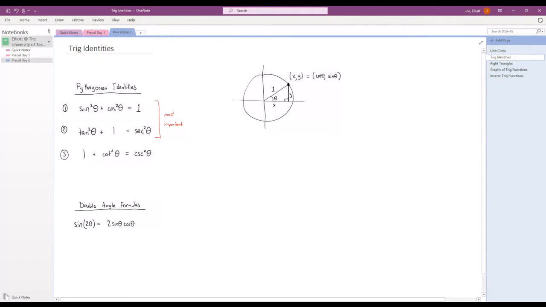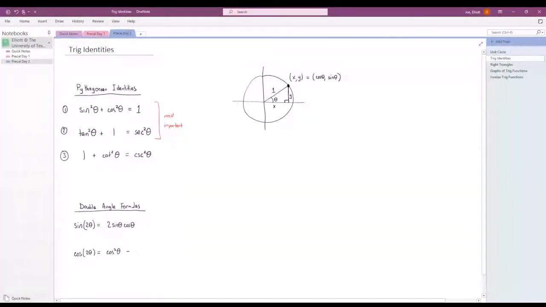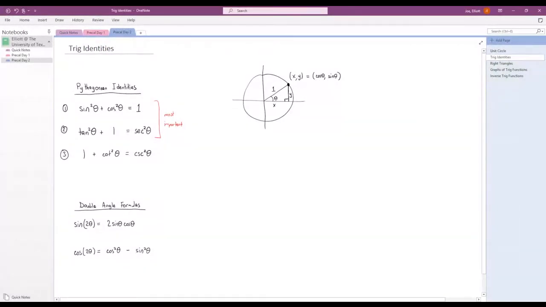And then for cosine, there's actually a couple different formulas, but I always have one of them memorized, which is that cosine of 2 theta is cosine squared theta minus sine squared theta.